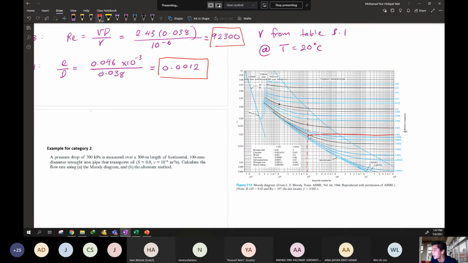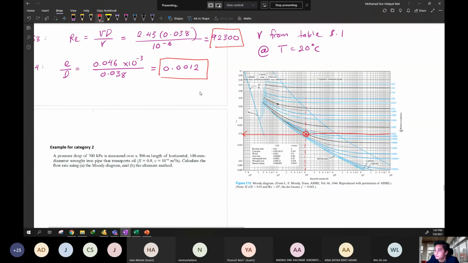Now meeting here, this is the intersection. Directly go here, use the ruler. This is the friction factor. When you use a ruler, you can find that the answer is around 0.02.